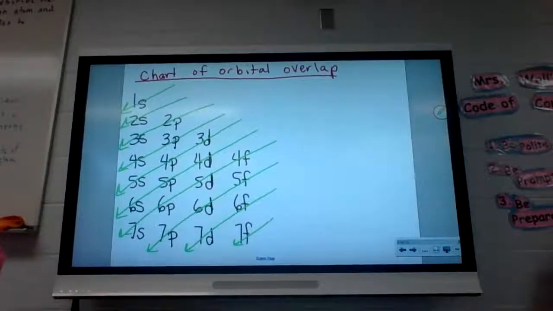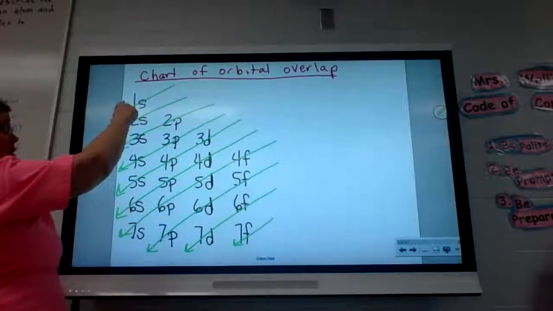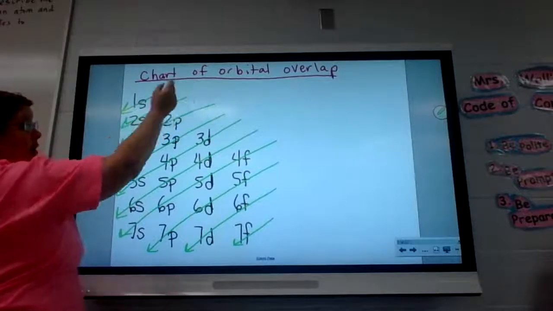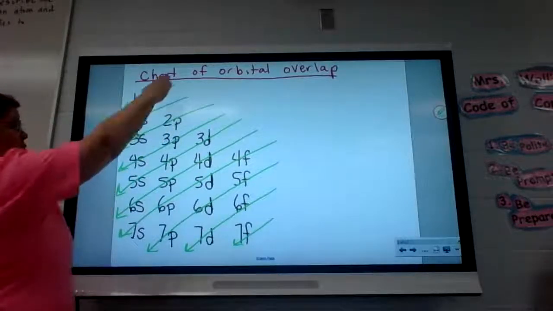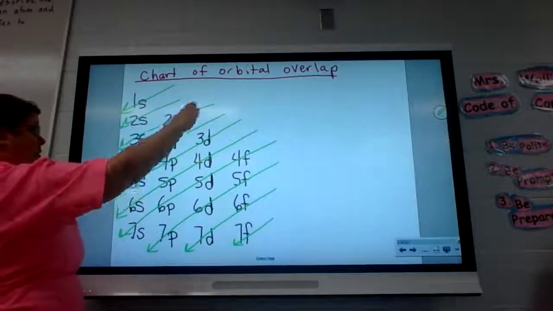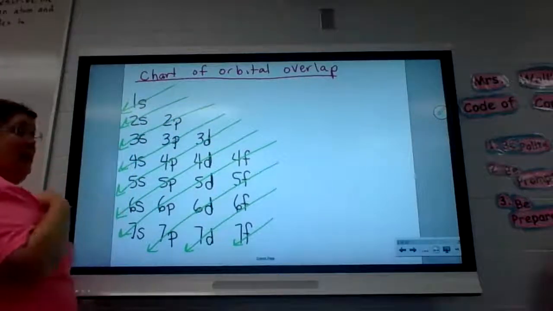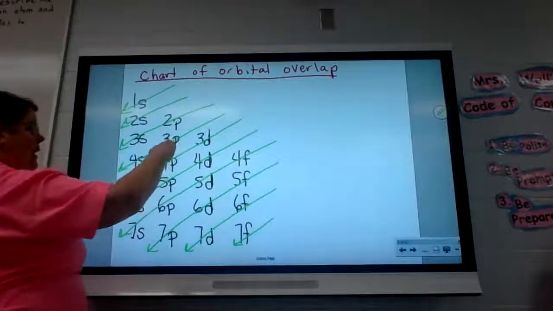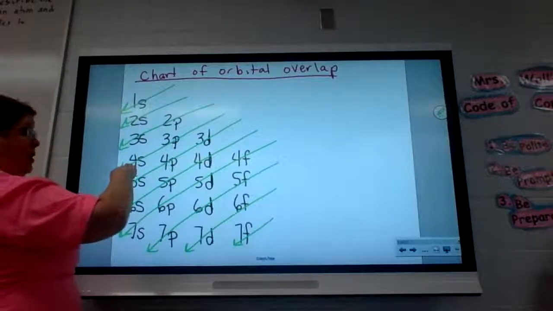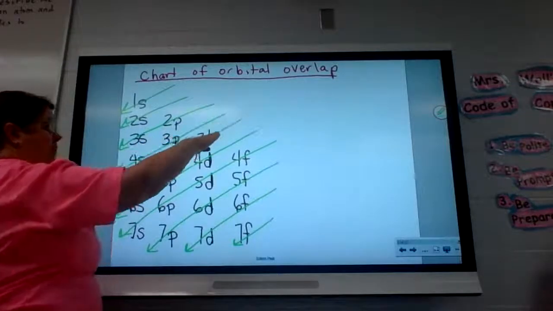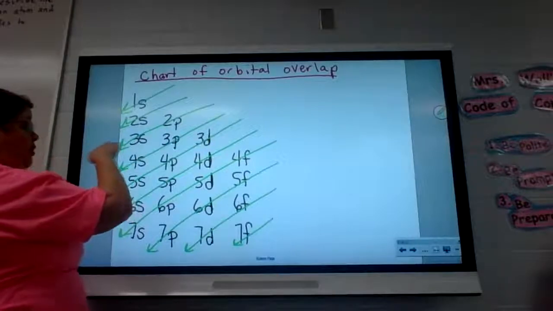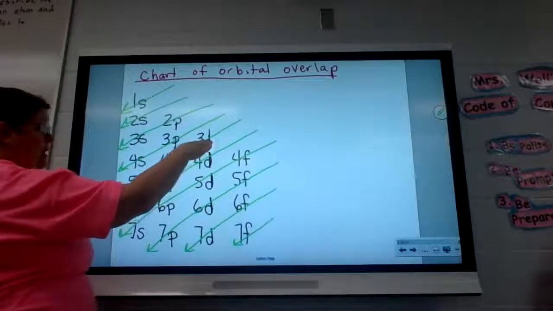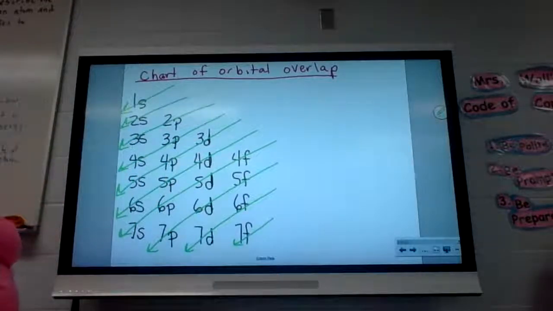So when we read the chart, where do we start? The top. We read down the diagonal arrow. So once we read down the diagonal arrow, we go to the top of the next diagonal arrow, right? So everybody's good usually with 1S, 2S, 2P, and 3S because we're not out of order yet. 3P, and then what comes next? Now after 4S, what do we have? 3D. If you read across and say 3S, 3P, 3D, you're automatically wrong, okay?